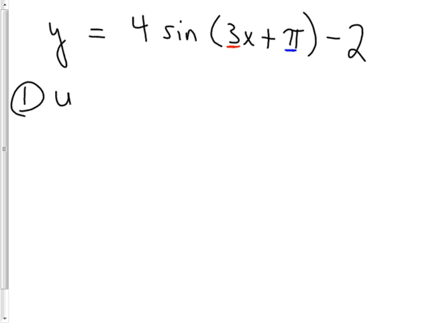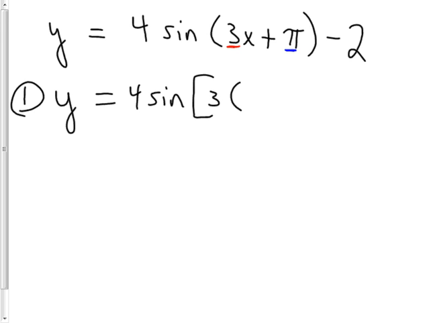So that'll give us y equal to 4 times the sine of, and I'm going to put some brackets here, I'm going to factor out the 3, so 3 times. If I factor out 3, I've got to fix both terms in there, so they would be what they need to be if I were to distribute the 3 back in there.